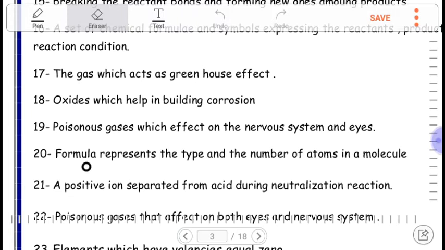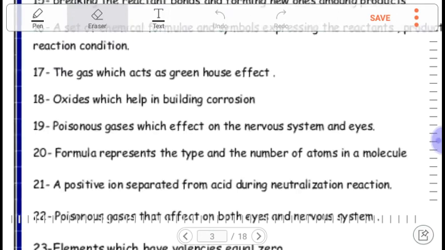The formula represents the type and the number of atoms in the molecule. So it's the chemical formula.